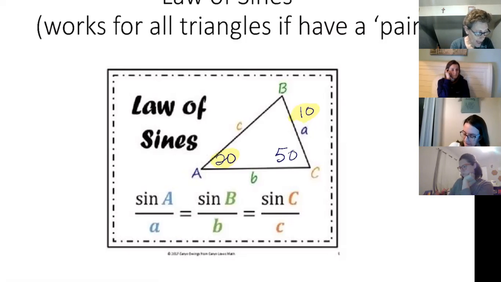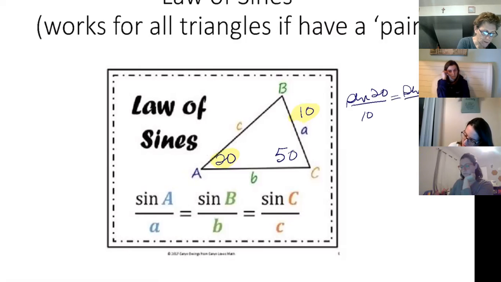So if I have this situation, I'm going to set up 2 pairs. This is how I'm going to do it. I'm going to say sine of 20 over 10, that's my pairing, is going to equal the sine of 50 over little c.